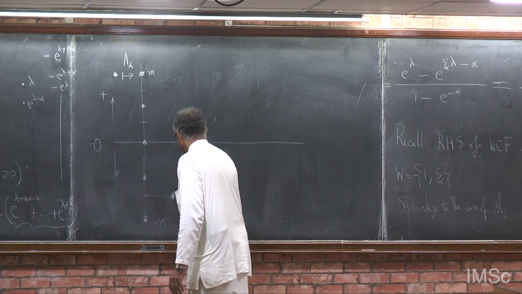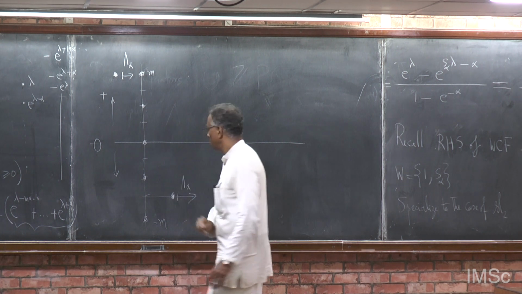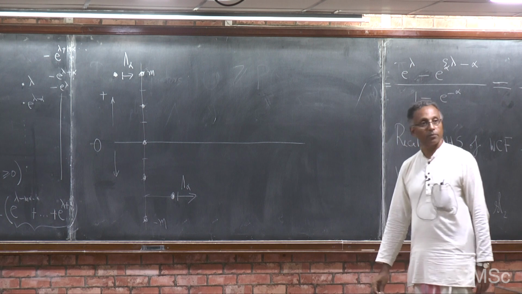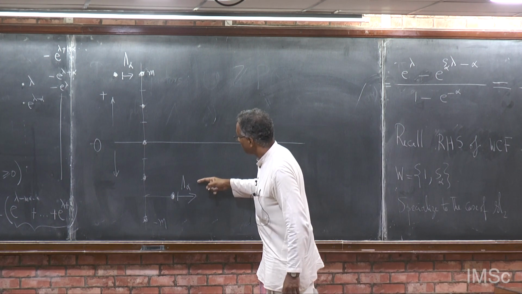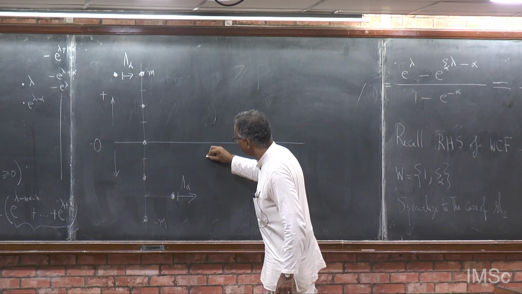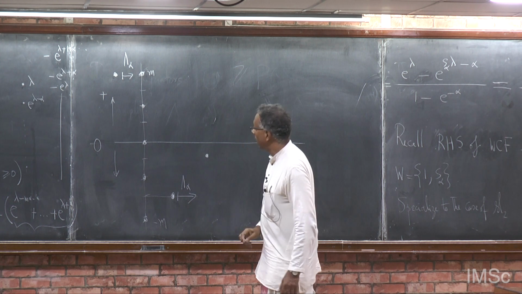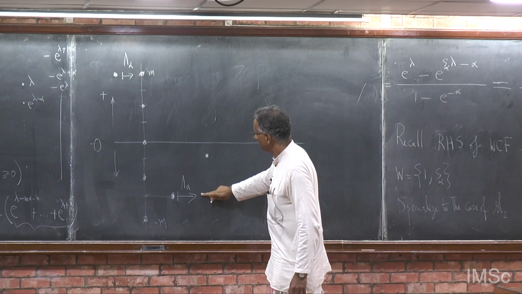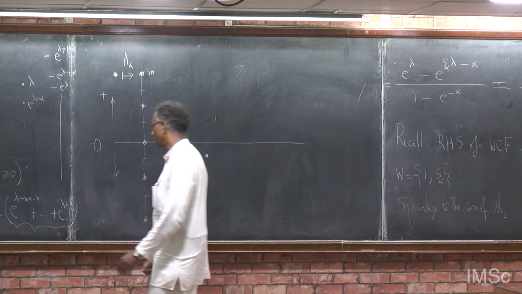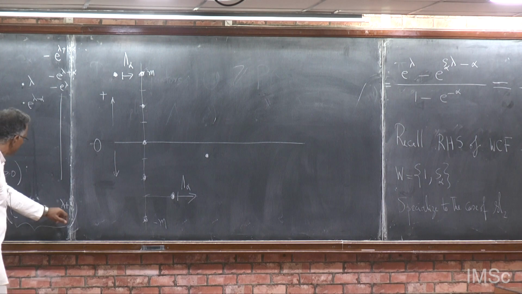Okay, is this clear? Let's do this. So what is this? If I act it on, what picture do I get? So I start here. Let's see. Lambda plus alpha. So lambda is minus 3, alpha is 2. So where do I start?